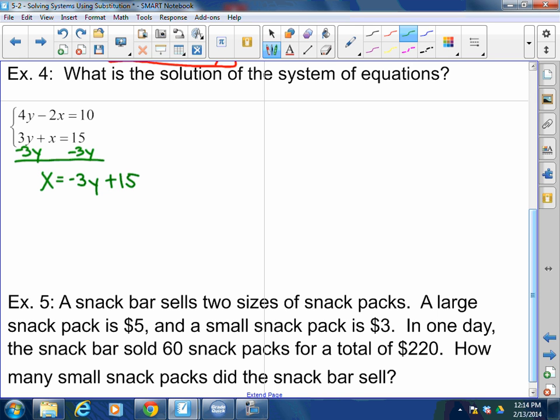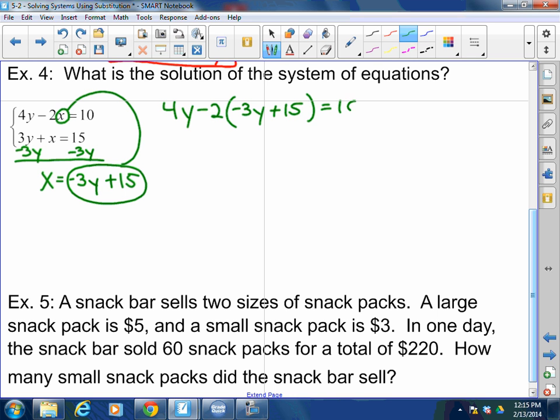I'm going to take that value of x and plug it into the x of the other equation. 4y minus 2 times x, which is negative 3y plus 15, equals 10.